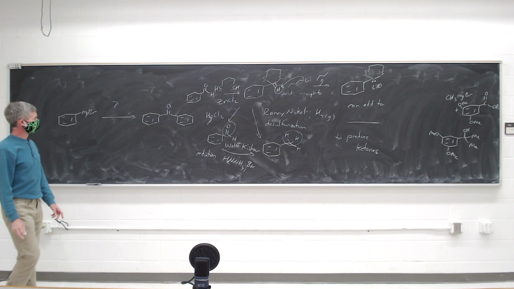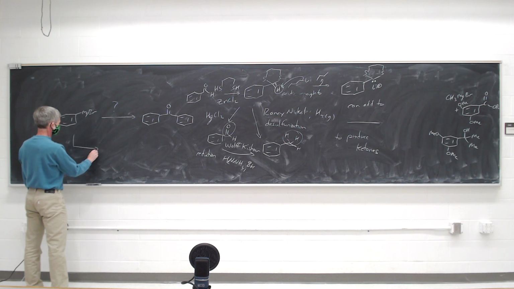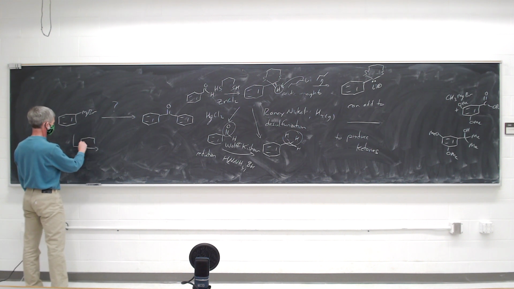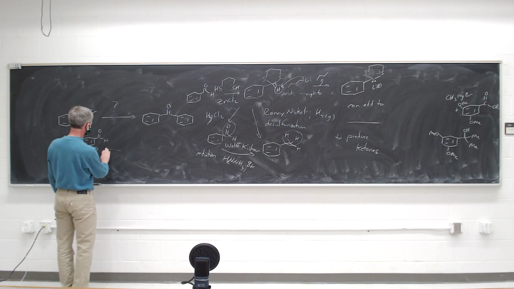The aldehyde, or is it aldehyde or anhydride? I can't decide which. So if we added it to the aldehyde, it would give us an alcohol again, wouldn't it? You get a secondary alcohol out.